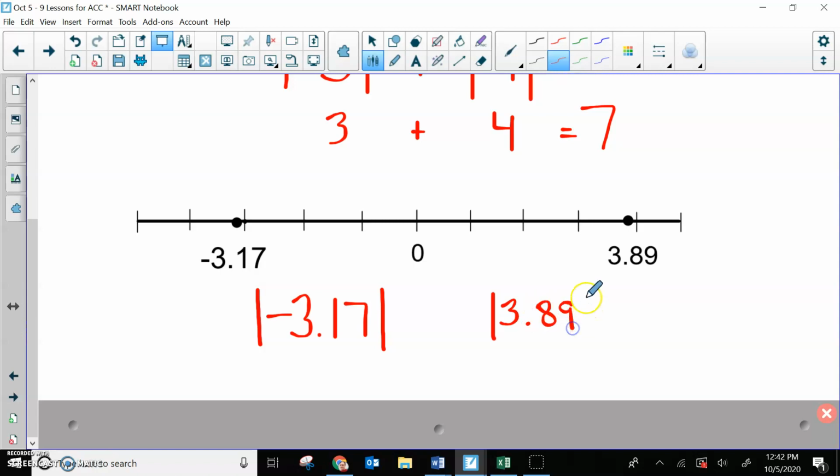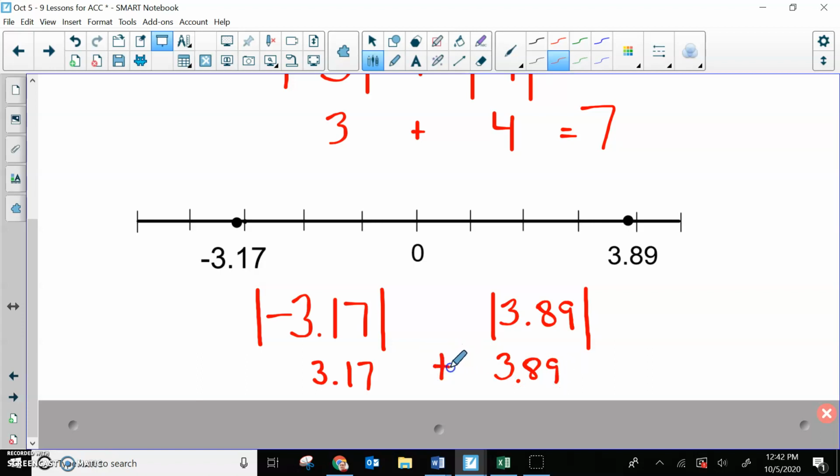We're still looking at how far each of these points is from 0, which is absolute value. -3.17 is 3.17 away from 0, and a positive 3.89 is 3.89 away from 0.